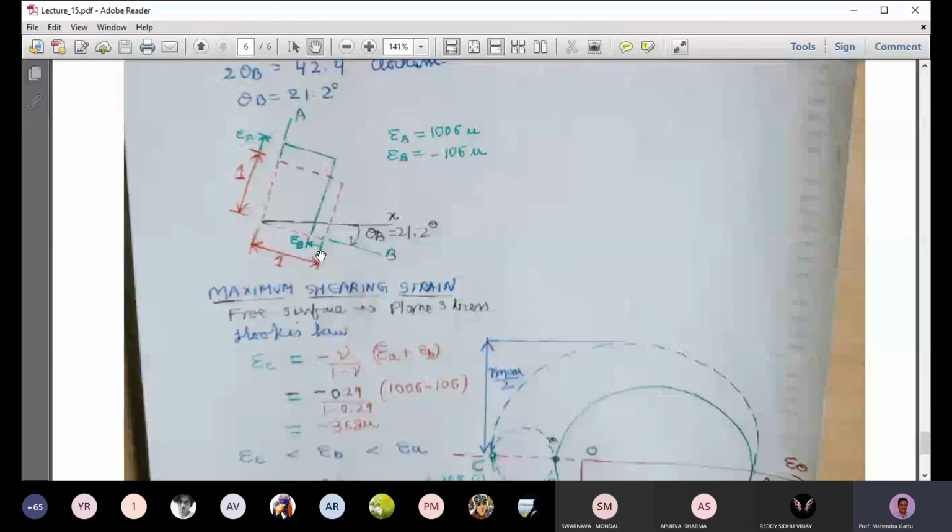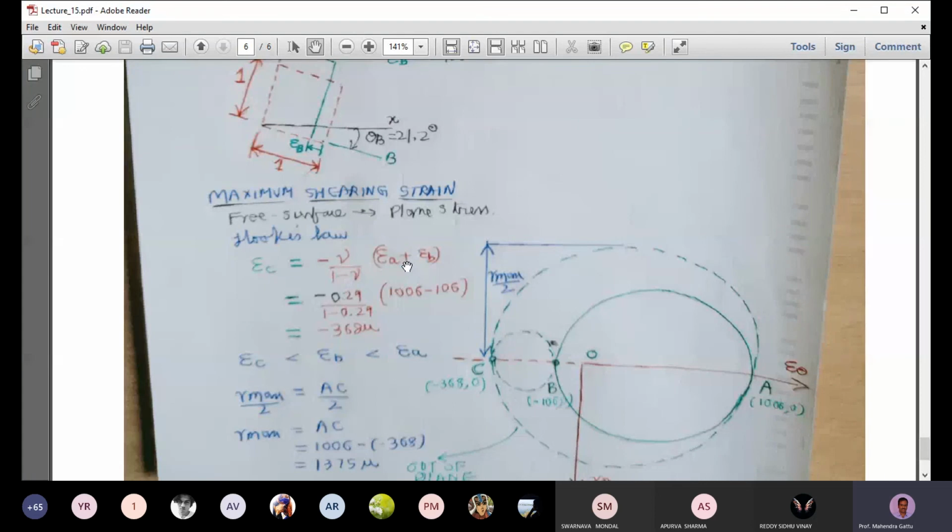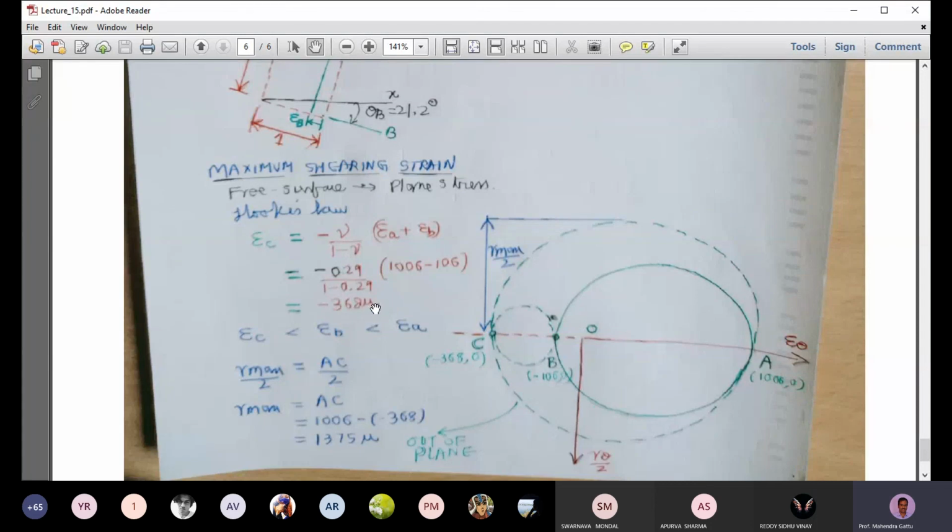Because it's a plane stress scenario, we can use Hooke's law and find the strain in the z direction, epsilon c, and that is minus nu by 1 minus nu, times the sum of epsilon a plus epsilon b. We already found the principal strains, epsilon a and epsilon b, which are 1006 and minus 106. Poisson ratio is 0.29. So we can get the strain in the z direction. It is minus 368 into 10 power minus 6.